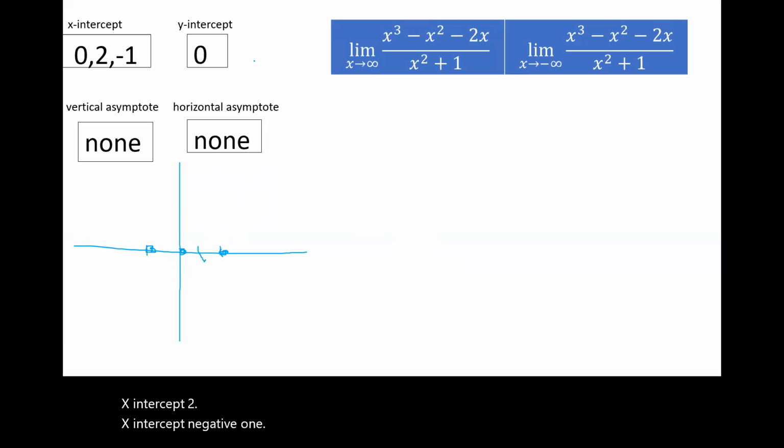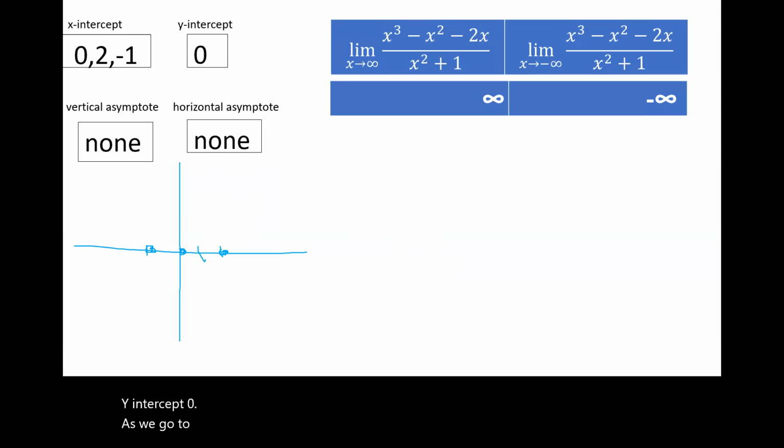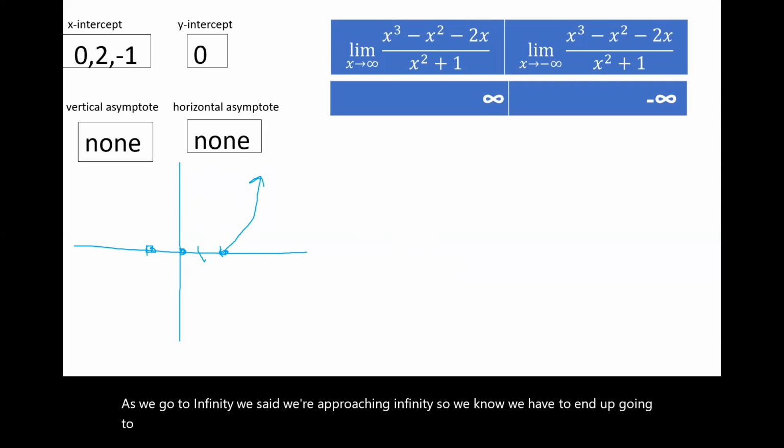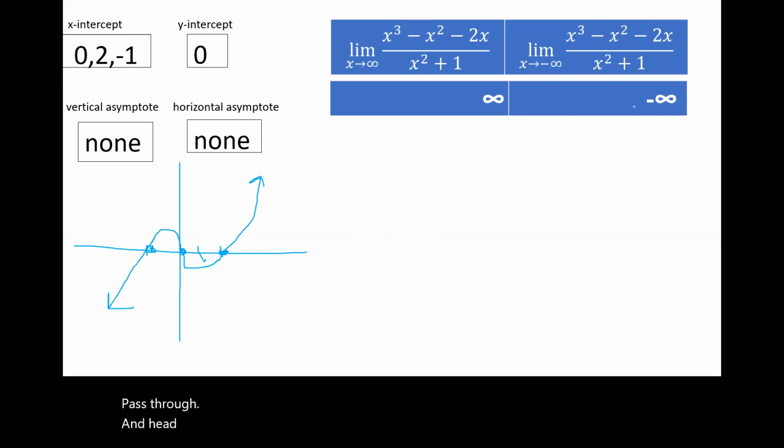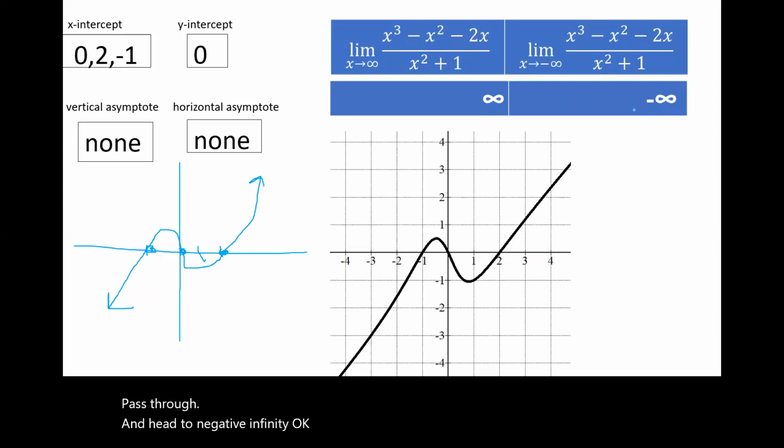Y-intercept 0. As we go to infinity, we know we have to end up going to infinity. 1 x-intercept there, so we'd have to pass through, and head to negative infinity. Okay, how does that look compared to the graph? All right, so theirs is nicer.